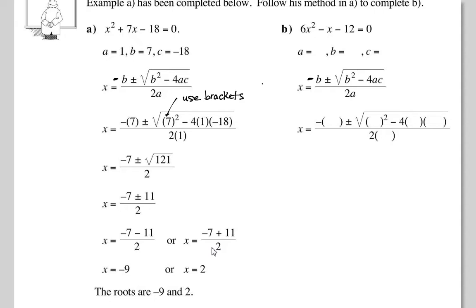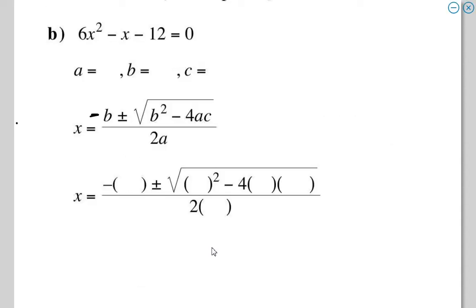Okay, so let's try this one on the side. They're really giving us some structure here to help us. So A is 6, B is -1, and C is -12. So then we go to use this formula.